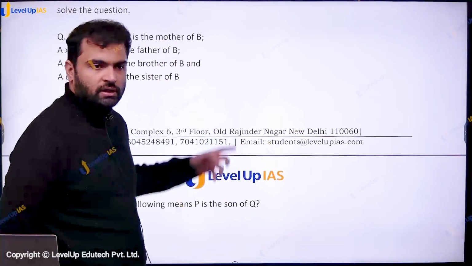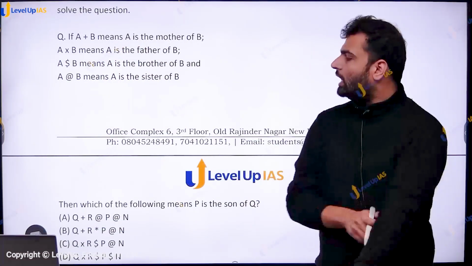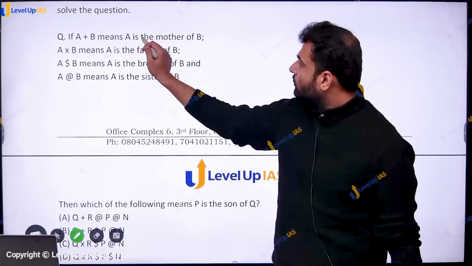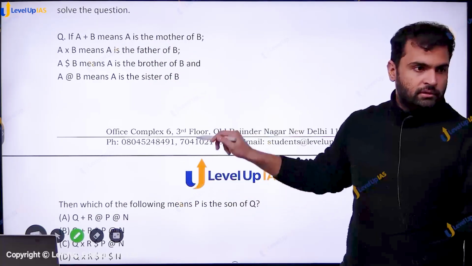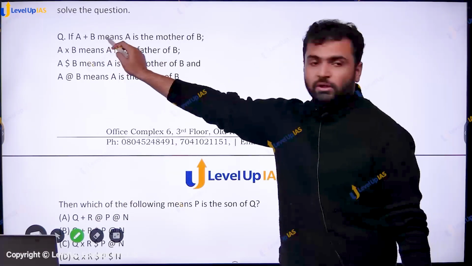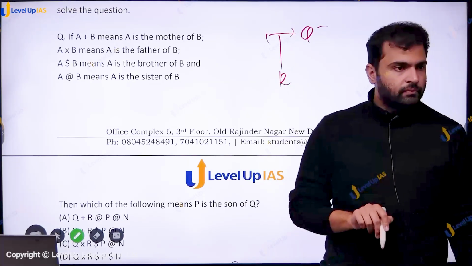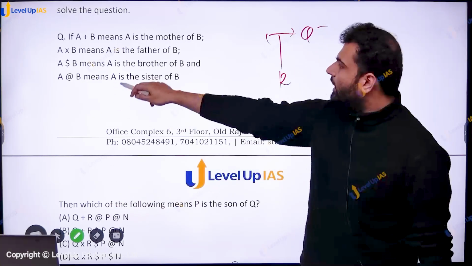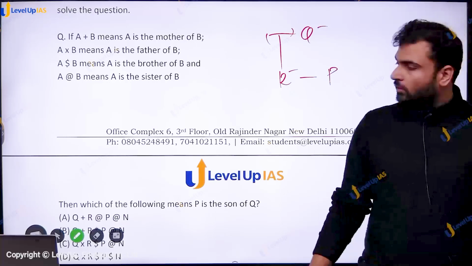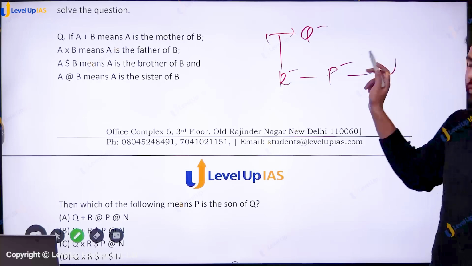Have you drawn the family trees? Look here. Let us see option A: Q plus R, meaning Q is mother of R. Then R at P, meaning R is sister of P. Then P at N, P is sister of N. That is the family tree.